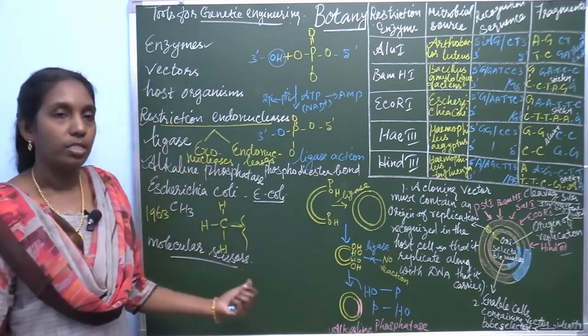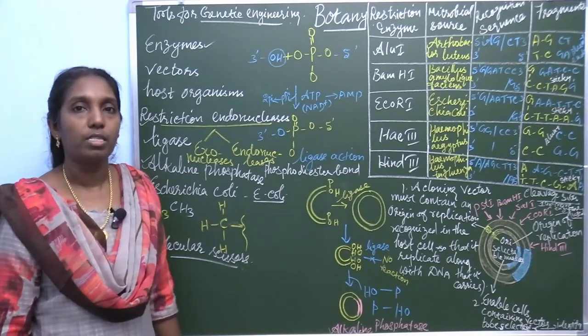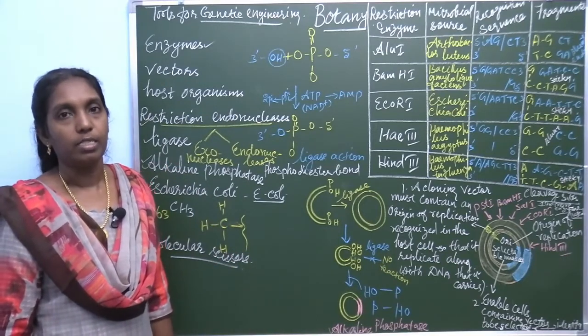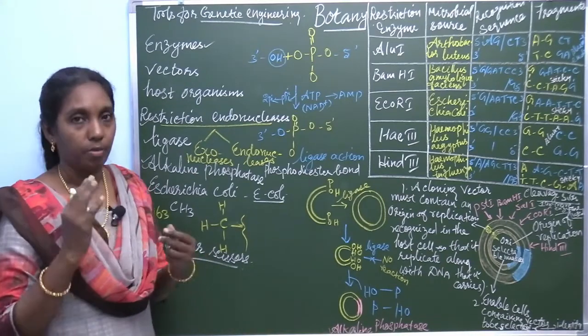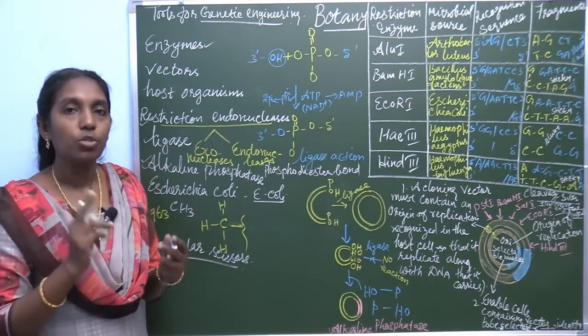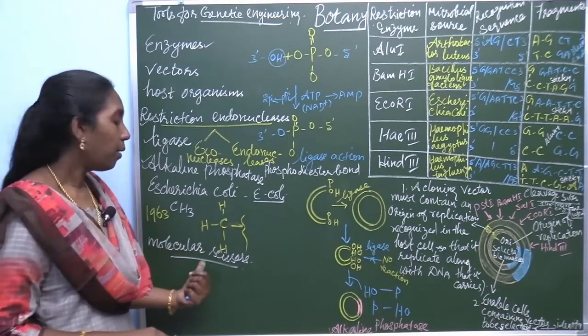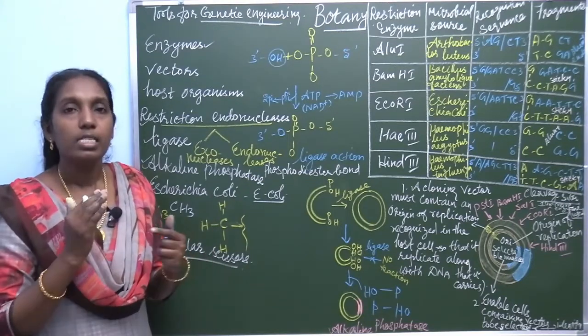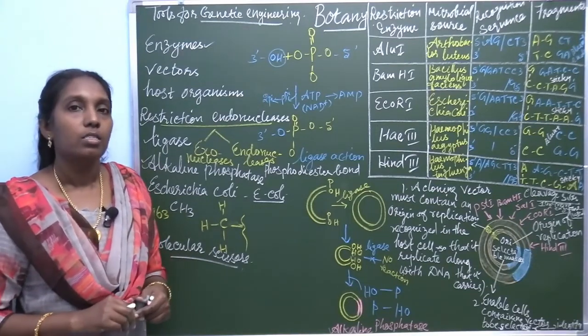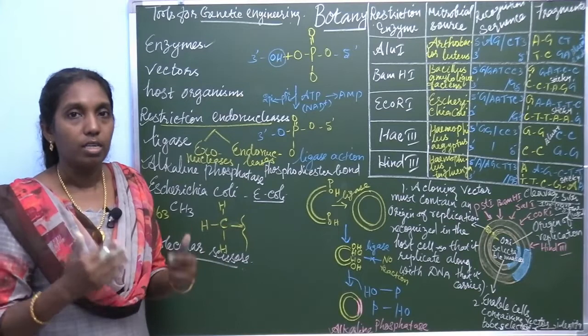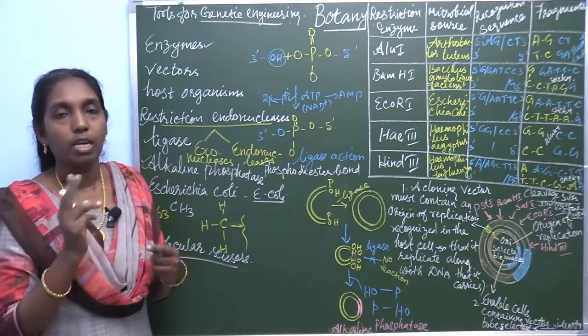Due to this action, restriction endonucleases are very important. You know the use of scissors, which are used to cut; these are named molecular scissors. These enzymes are used to cut the DNA sequences. In the previous class we learned that it's not an easy job to cut and paste.